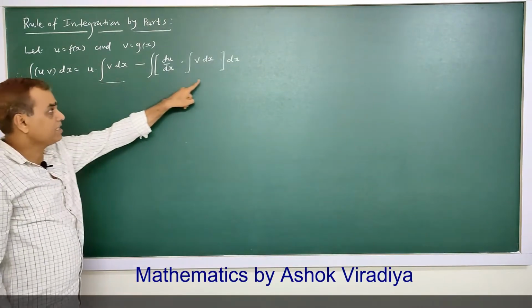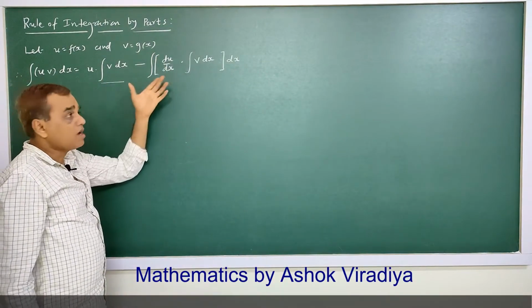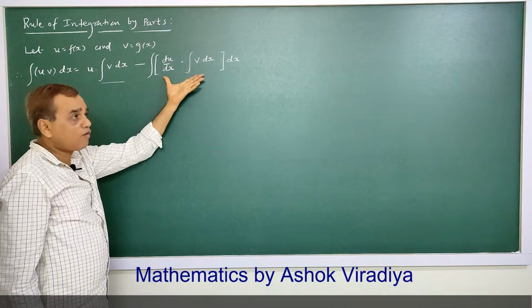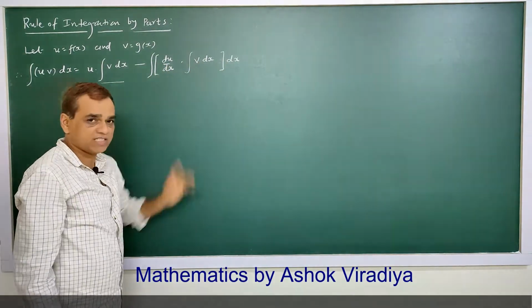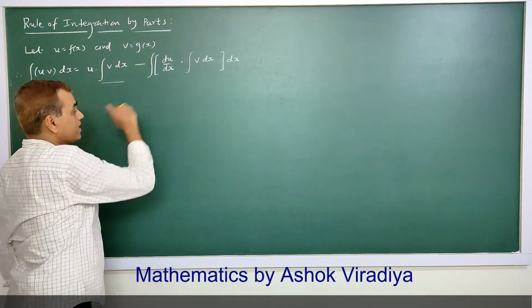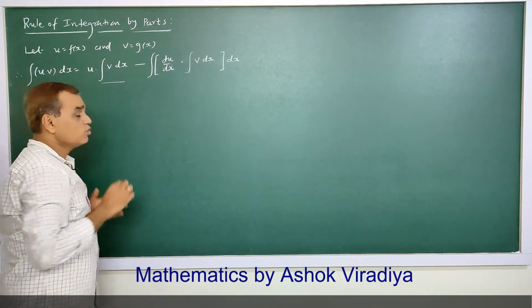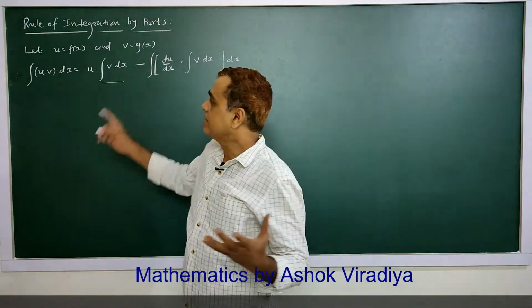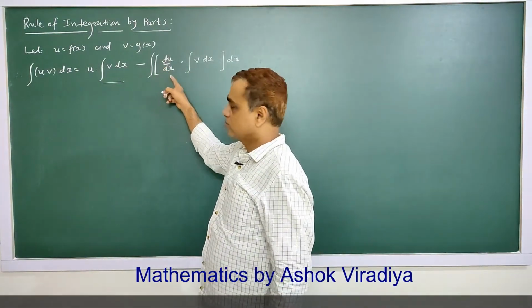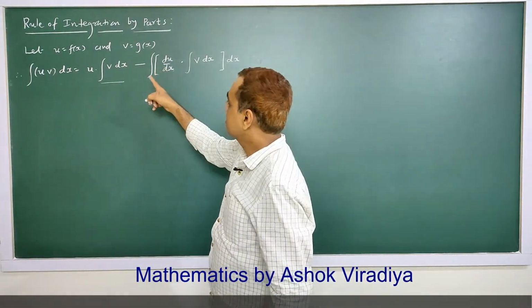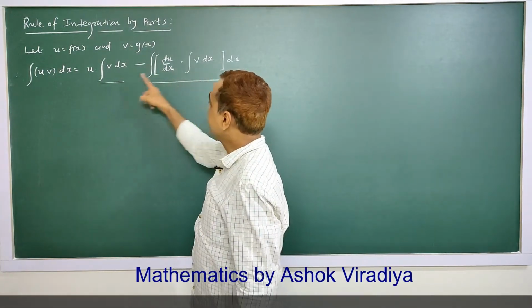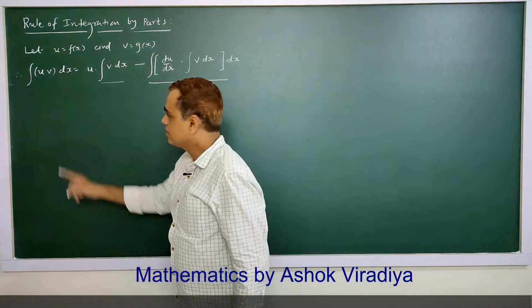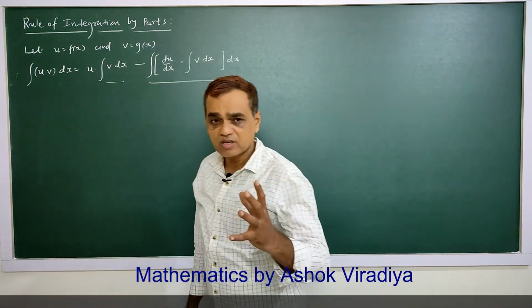So the second term is the integral of the product of the derivative of u and the integral of v with respect to x. So look here, in this rule we are taking the derivative of u, and in the first term and in this second term we are taking the integral of v. So the second function we integrate.